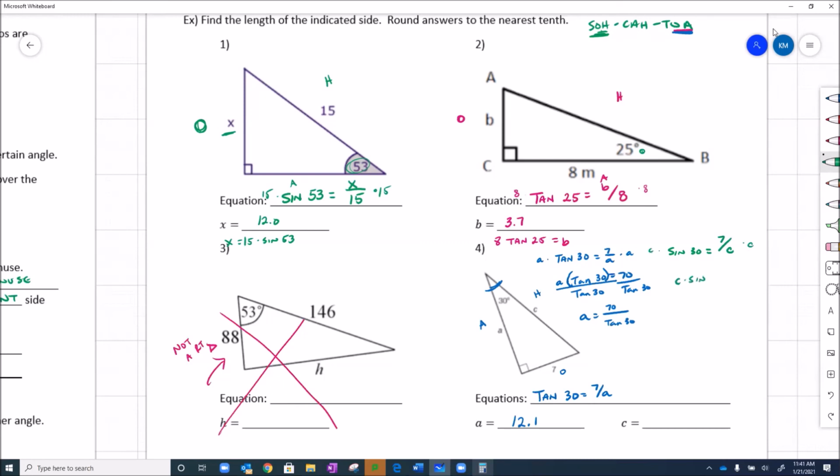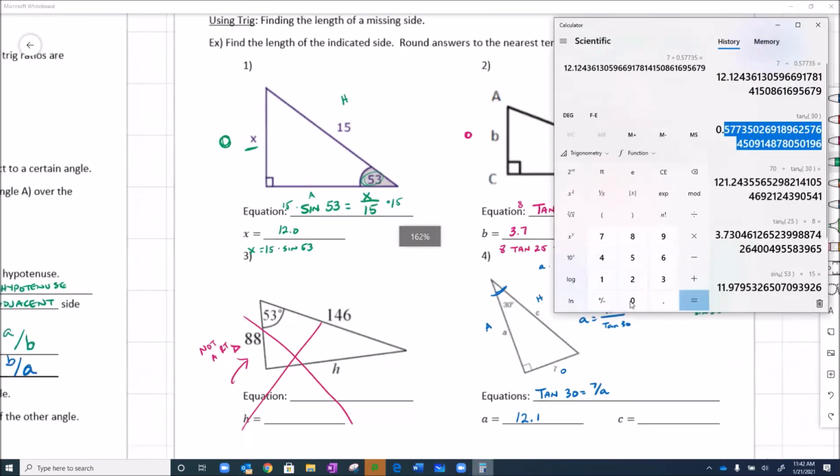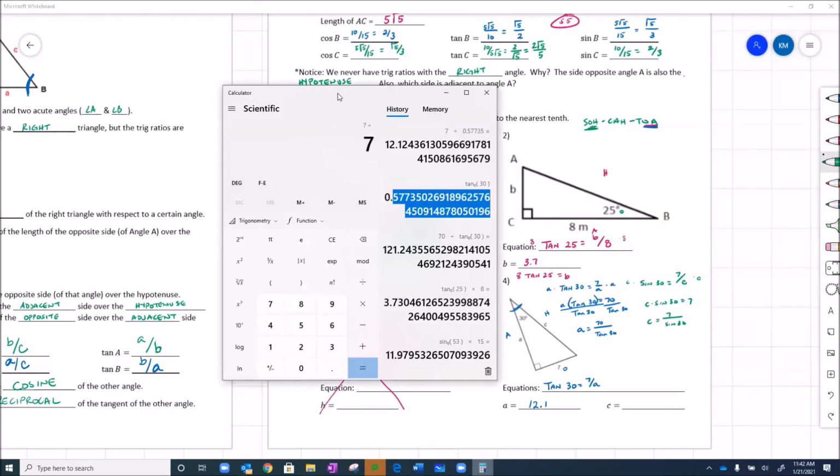C times sine 30 equals 7. Divide by sine 30, so C equals 7 divided by sine 30. In the calculator, 7 divided by sine 30 should give us 14.